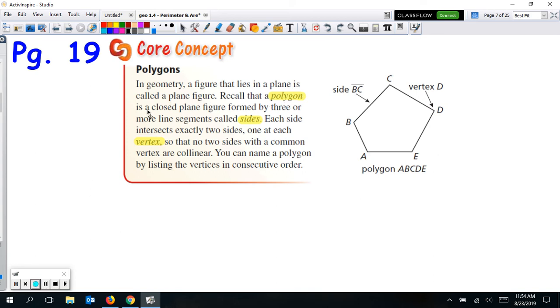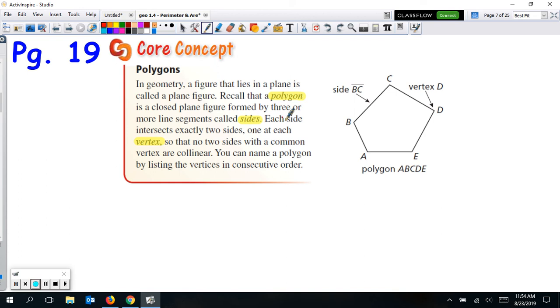Recall that a polygon is a closed plane figure formed by 3 or more line segments called sides. So here's an example of a polygon, a closed figure. It's got 3 or more sides, and this one actually has 5 sides. So that's what you want to put down. You want to highlight these things in here.